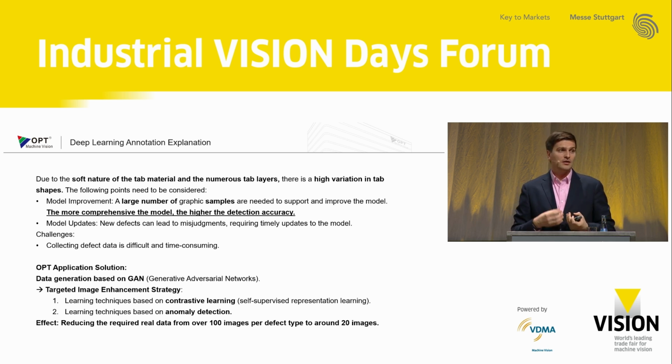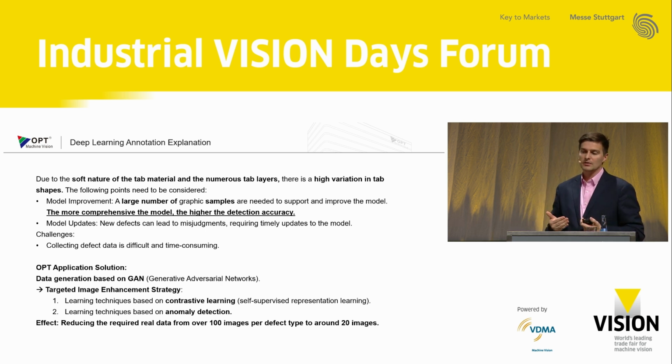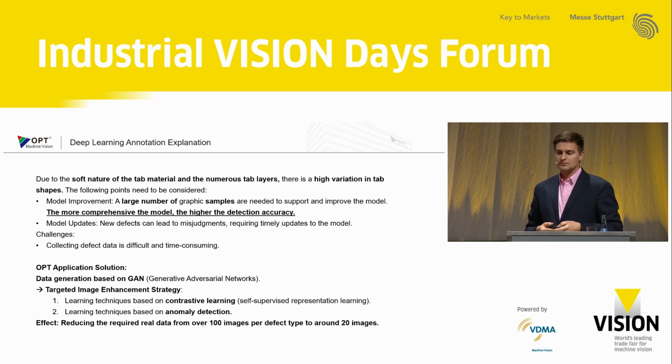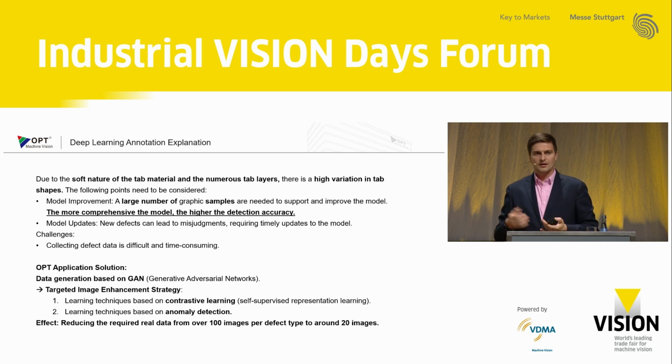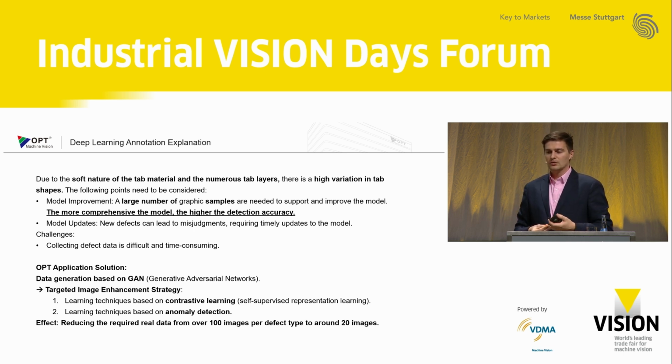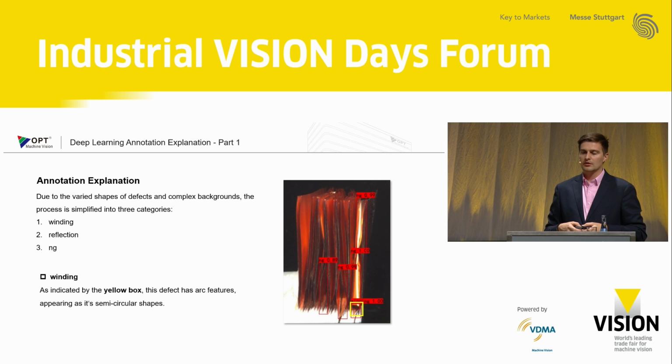So we had to train the algorithm on synthetic data that we produced on our own. Our solution was that, like I said, we produced the data with a generative adversarial network to target the deep learning aspect behind. Then we started with the ground data.